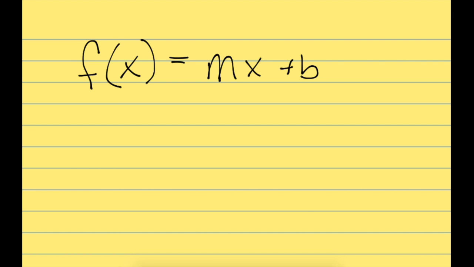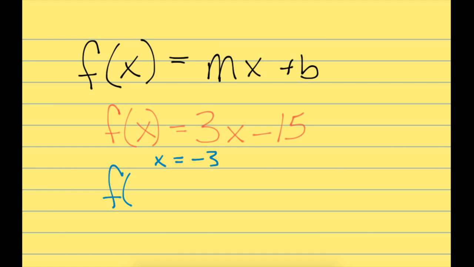So if my equation were f of x equals 3x minus 15, then my output is still 3 times my input minus 15. So if I wanted to find what the output would be when x is negative 3, I would write that as f of negative 3, and I would evaluate it the same way. I'd put in negative 3 for x.